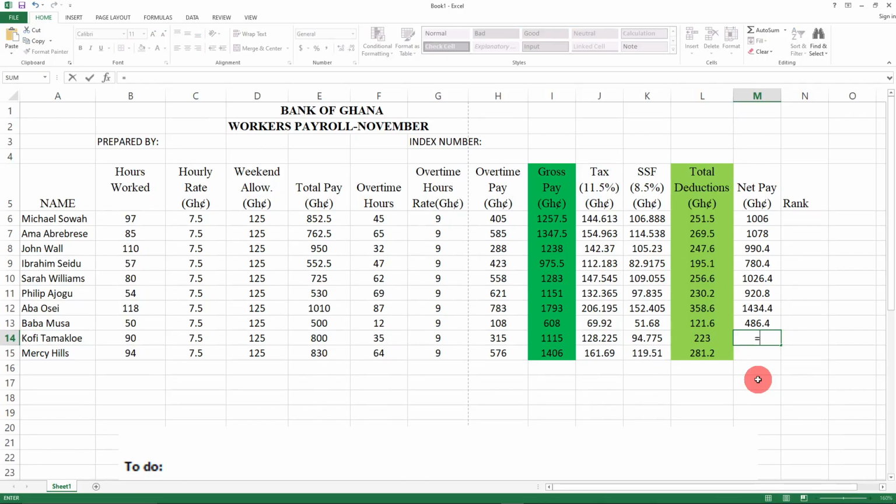Let's see for Kofi. So Kofi is I14 minus L14, and Mercy will be going home with I15 minus L15. Okay, so we are done with the net pay also.